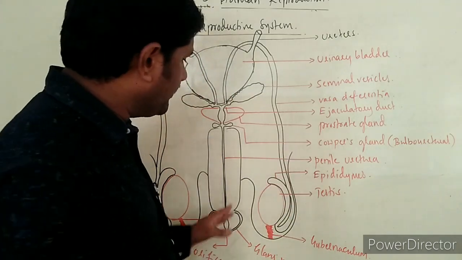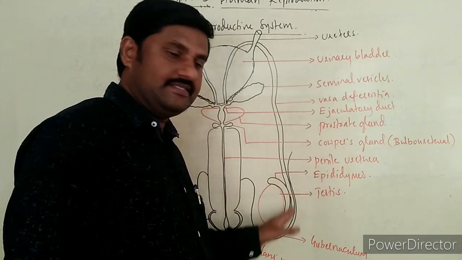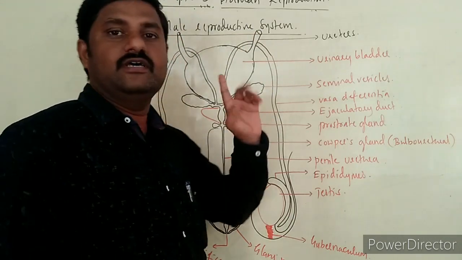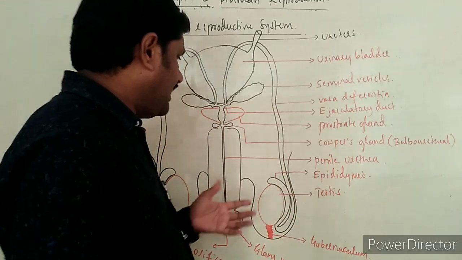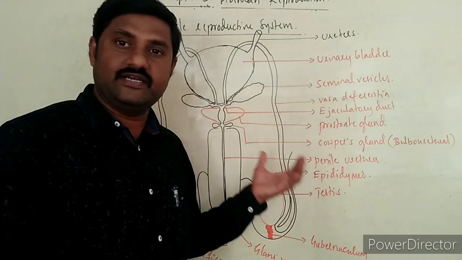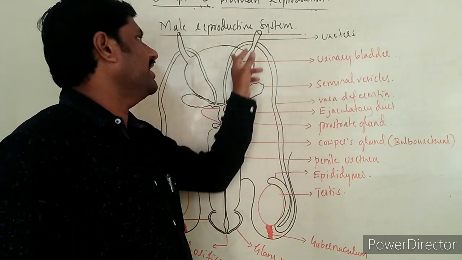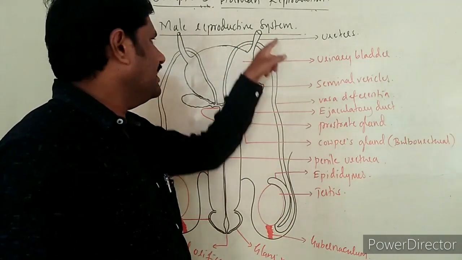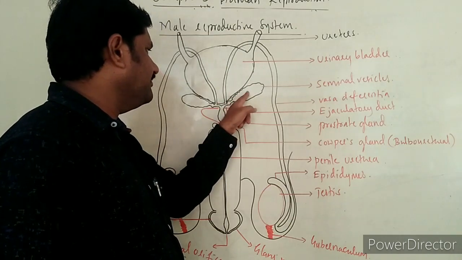So this is how the sperms produced inside the testes are stored over here. The vas deferens is a less coiled, elongated tubular structure, and it is also one of the male accessory ducts of the male reproductive system that loops around the ureter, and opens into a duct coming from the seminal vesicle.